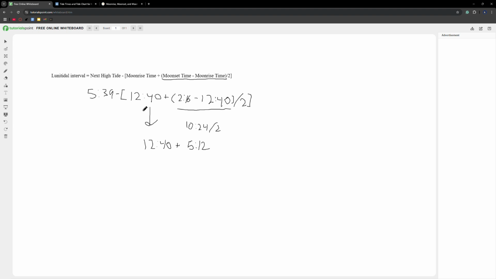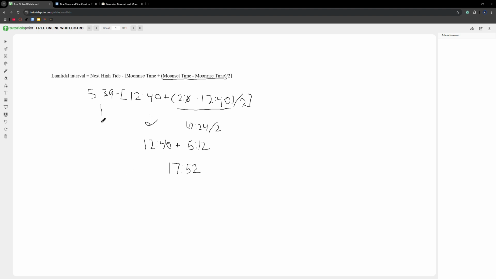So let's say it was 1:40 p.m., then you'll want it to be 1340 instead of 1:40. So you bring this down and you add these numbers, which will give you 1752. Well, in this example, it gives me 1752.